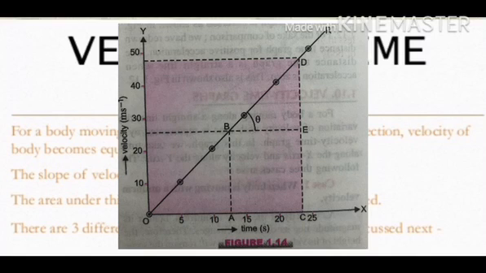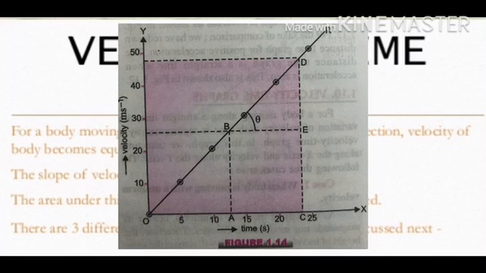The nature of the graph shows that the velocity of the body changes by equal amounts in equal intervals of time. Thus, when the velocity time graph of a body is a straight line inclined to the x-axis, the motion must be uniform acceleration motion. From the velocity time graph, we can calculate, first, the acceleration of the body, and second, the distance traveled by the body.